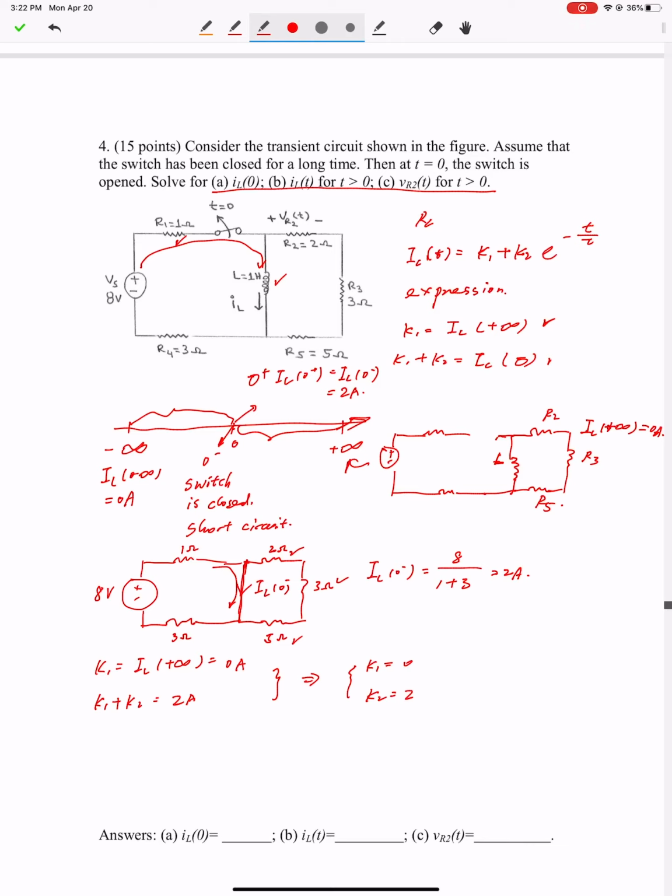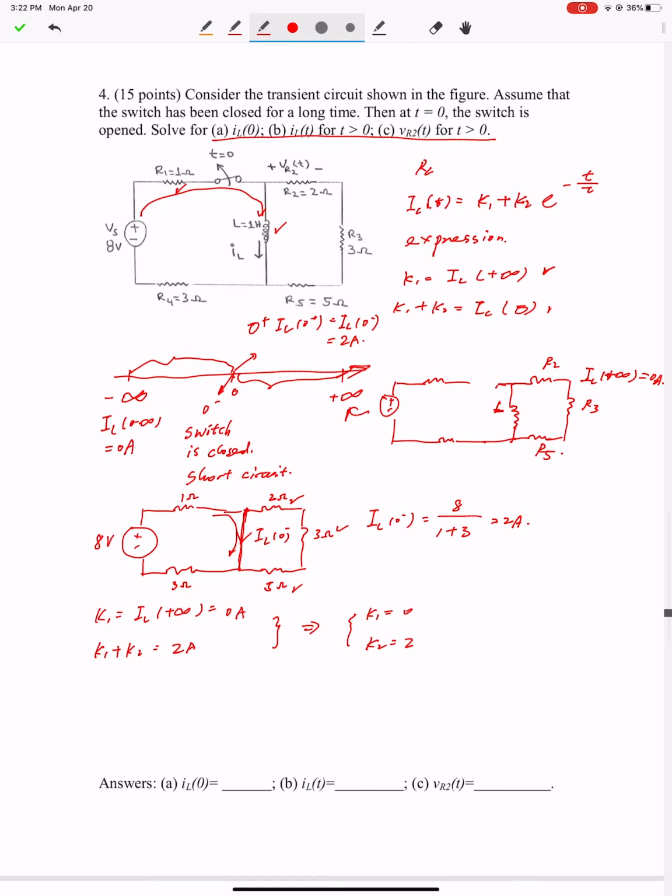After we have IL(t), we haven't finished the expression of IL(t) yet, because we still need to find the time constant tau, right? To find tau, we need to look at this circuit, because that's the circuit when time t is greater than 0. So there are 3 resistors connected with the inductor, R2, R3, and R5, and they are connected in series.